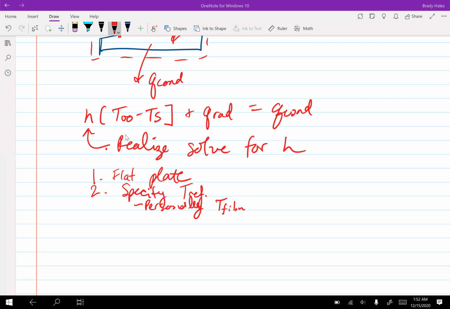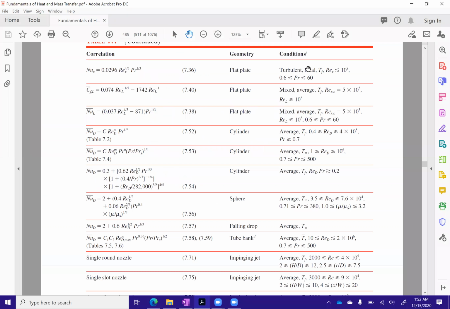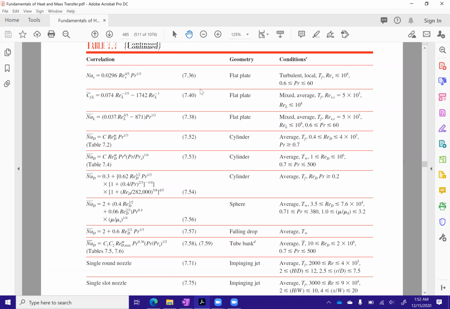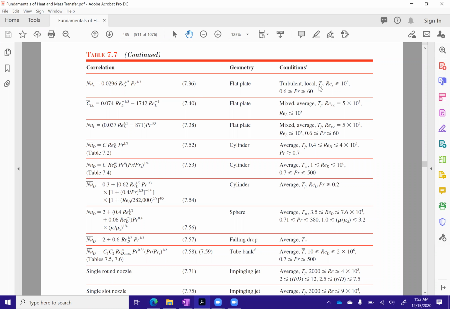Okay, and let me just briefly show you what I mean by reference temperature. If I come down here and look in the book, table 7.7 is essentially a summary page of chapter 7, and it tells you the reference temperature and the conditions. So if I'm going to use this correlation, I need the film temperature.